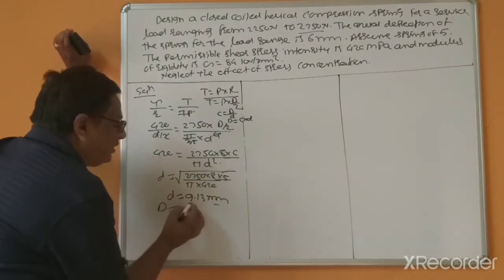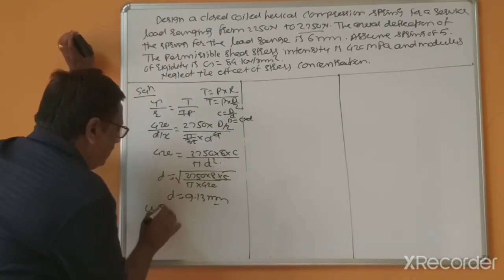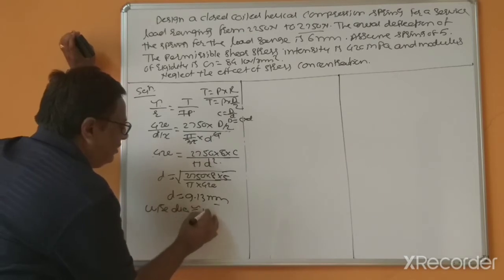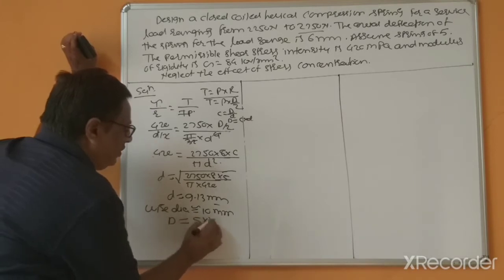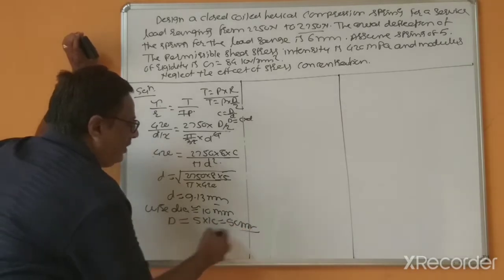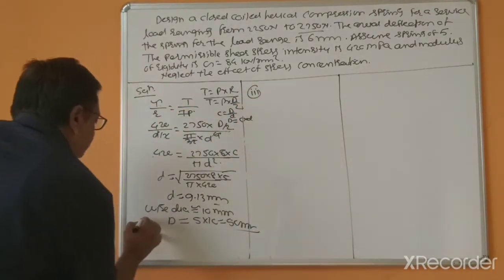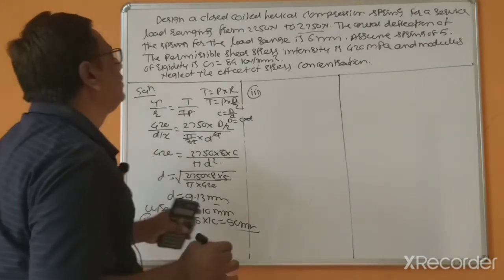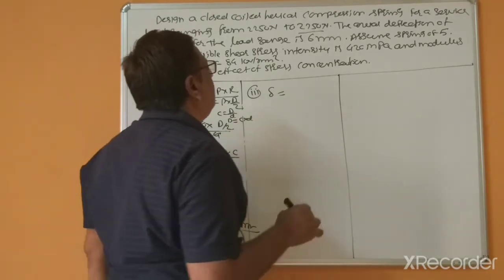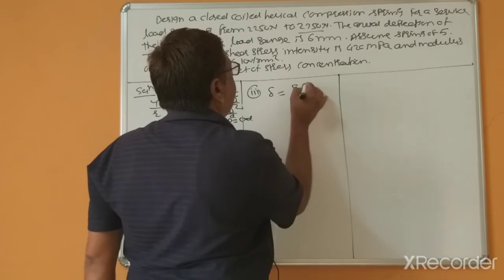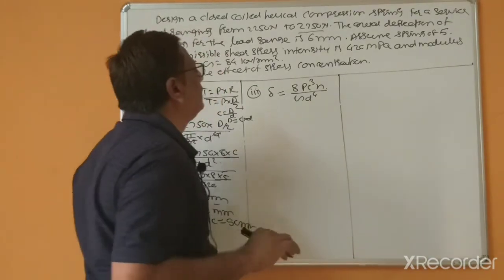Next, capital D is the mean diameter. The wire diameter I increase to the standard diameter, which is equal to 10 mm, and capital D equal to 5 into 10, equal to 50 mm. This is the second step, the mean diameter. Third, by using the deflection equation, delta equals 8PC cube N divided by G d raised to 4.